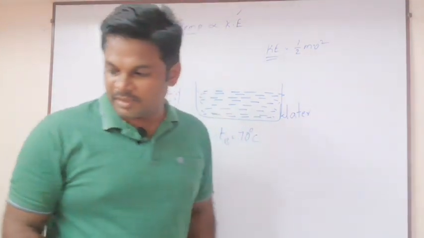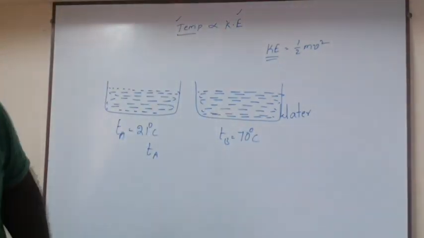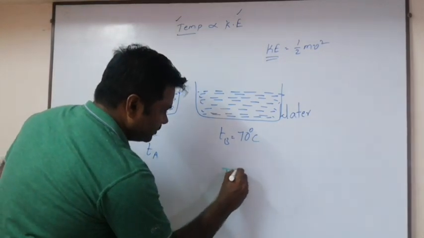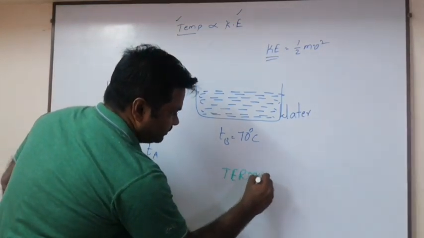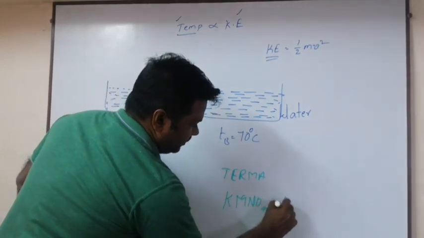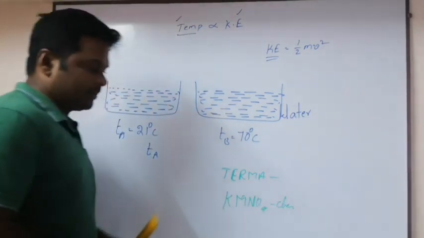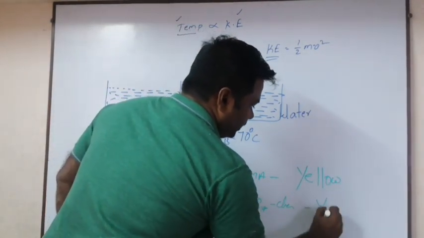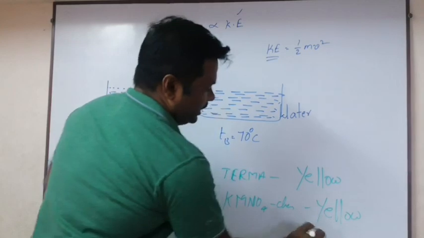Okay, now I have turmeric powder and KMnO4, a chemical we use in daily life. Turmeric powder is yellow in color, somewhat orange also.